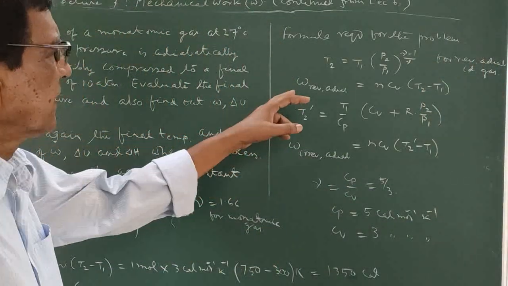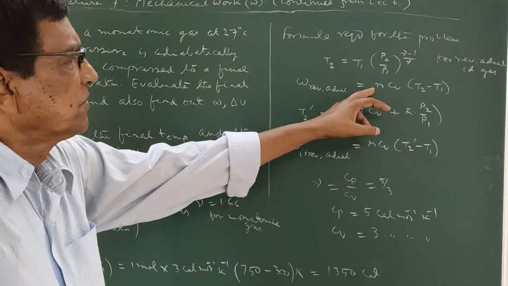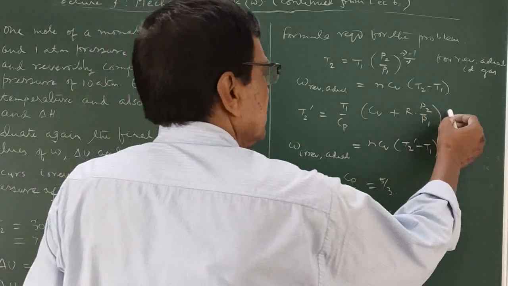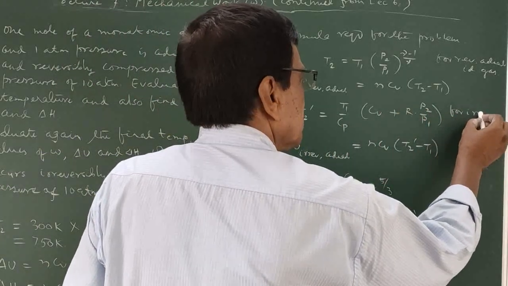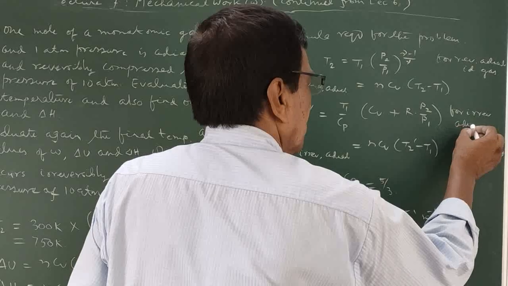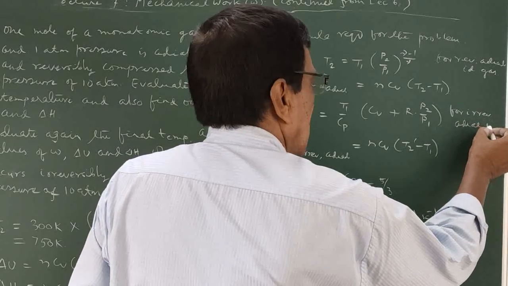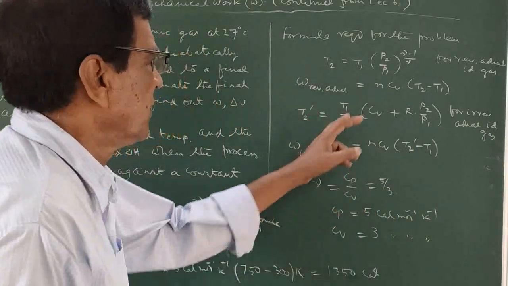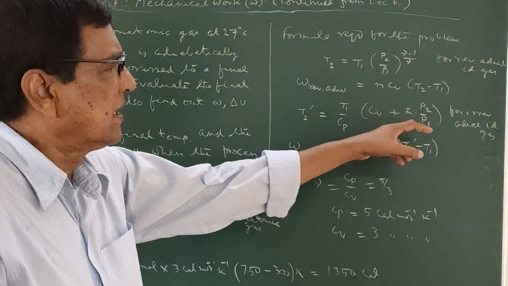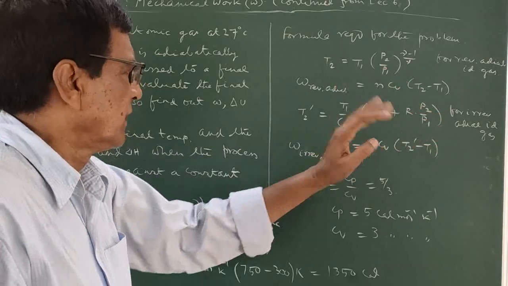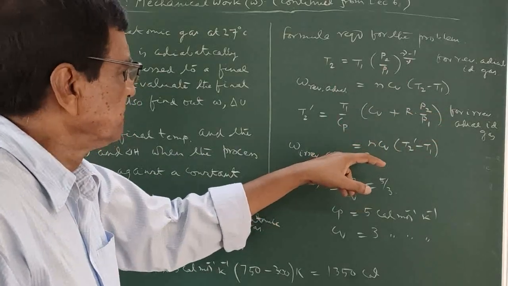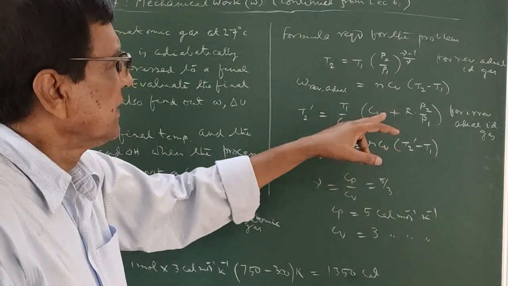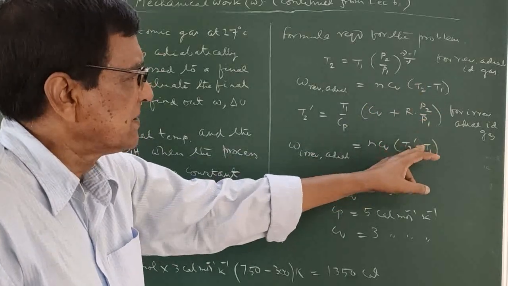And W for reversible adiabatic equal to nCv (T2 minus T1), and this one is for irreversible adiabatic ideal gas. T2 dash equal to T1 by Cp into Cv plus R into P2 by P1. And W in the irreversible adiabatic process is the same, nCv (T2 dash minus T1).